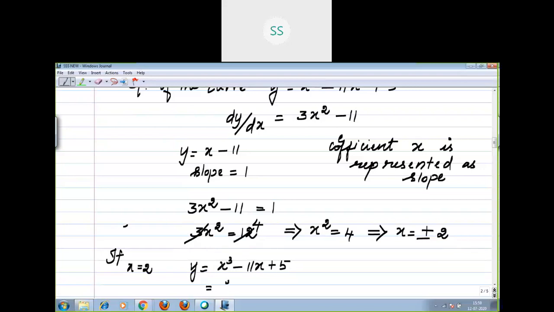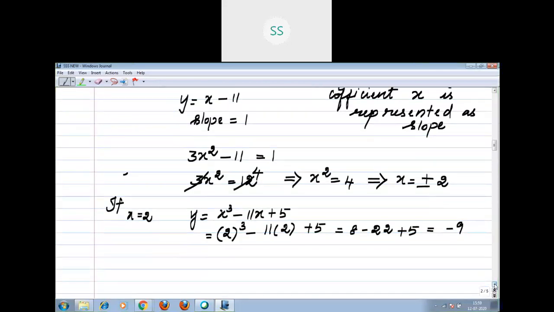Then 2 cube minus 11 into 2 plus 5, which is equal to 8 minus 22 plus 5. 8 plus 5 is 13, 13 minus 22, what do you arrive at? Minus 9, right? Minus 9.